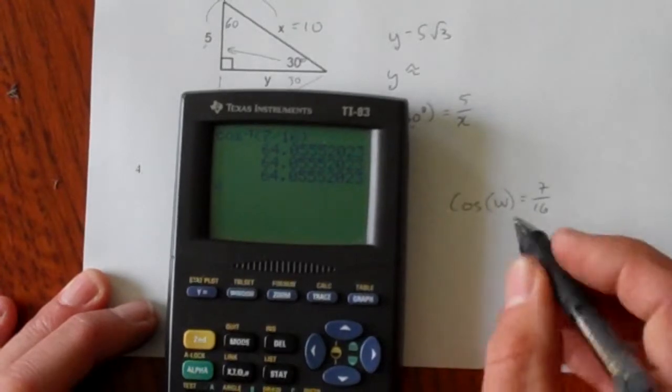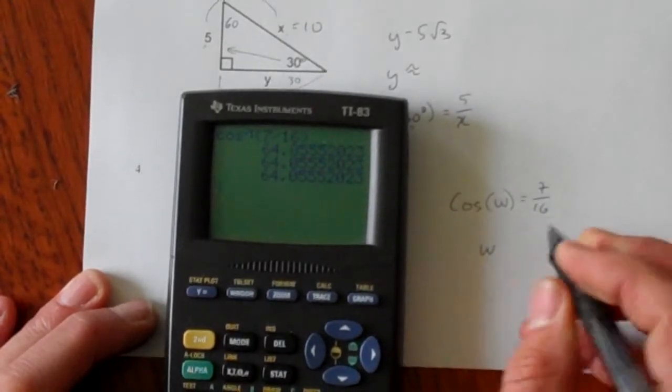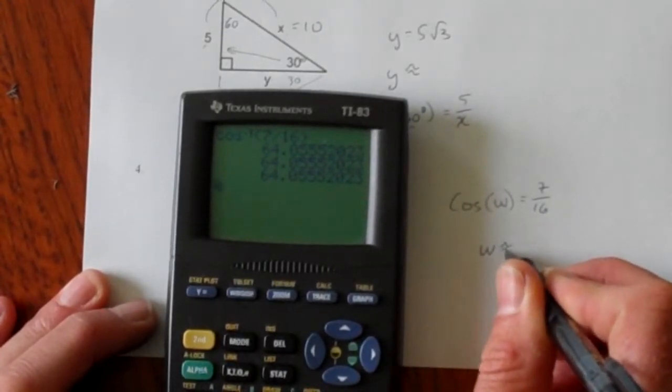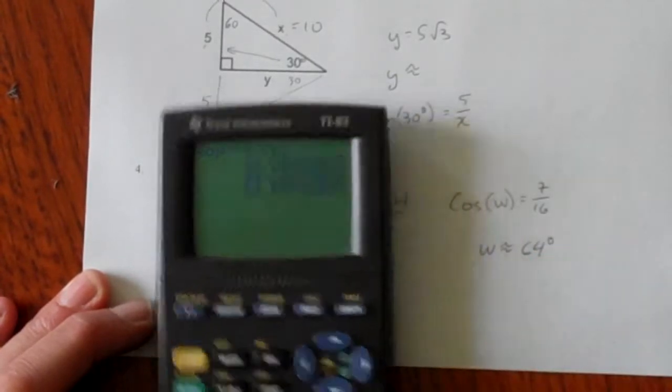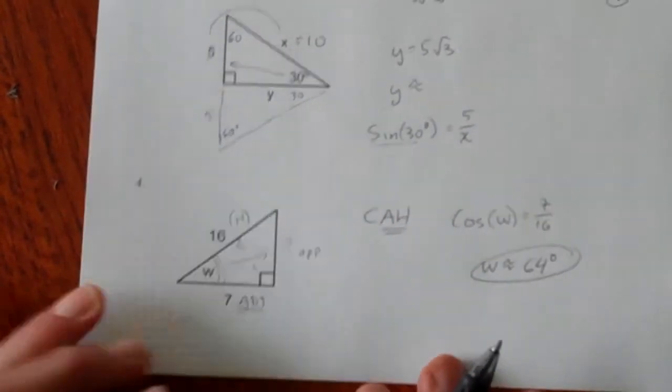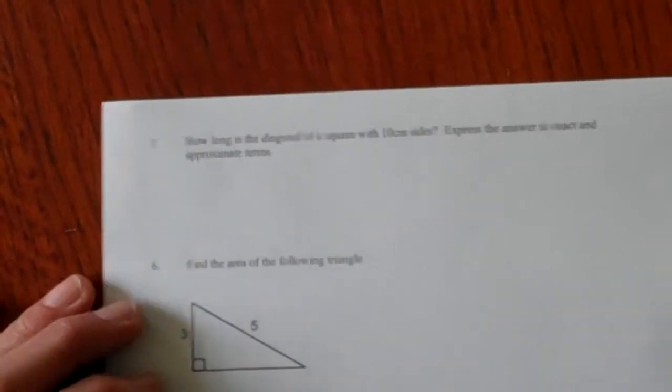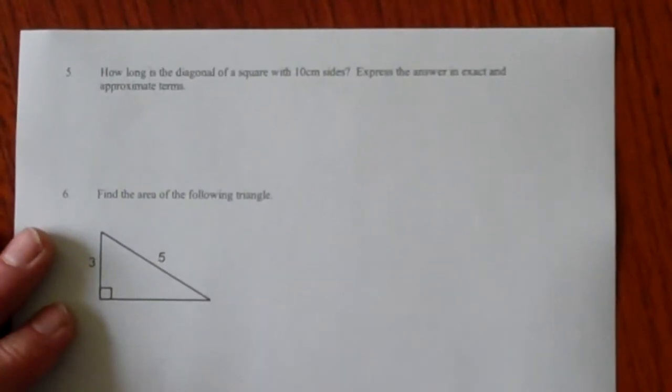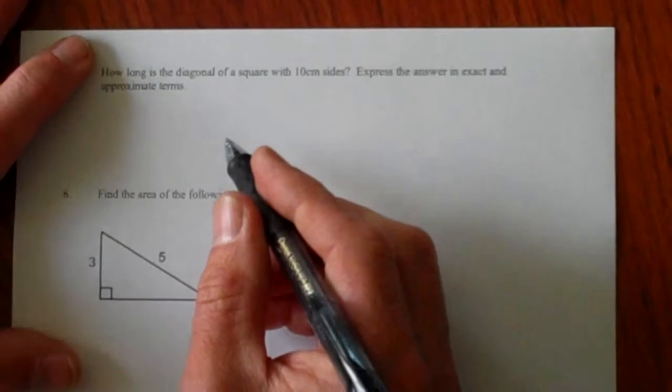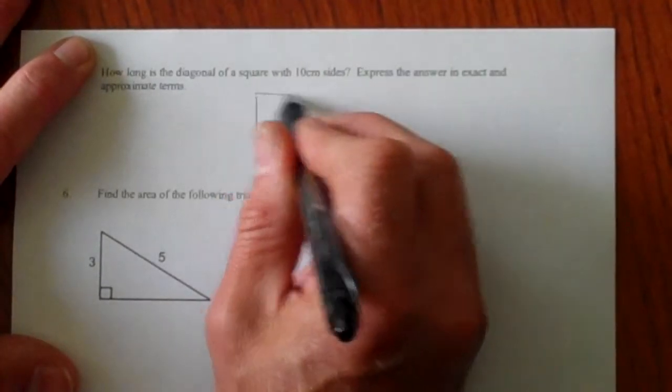So it's 64.05 degrees. So W is approximately equal to 64 degrees. All right? So that's that page. The next page is going to be, how long is the diagonal of a square with 10 centimeter sides?